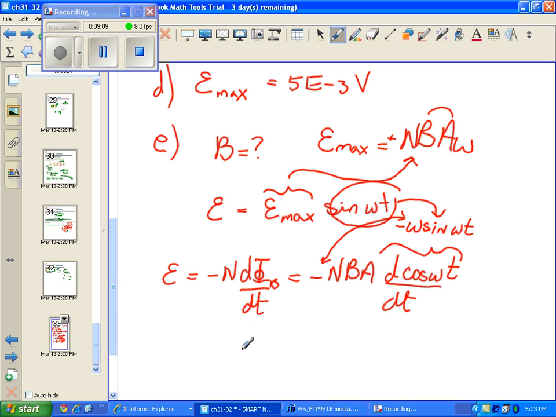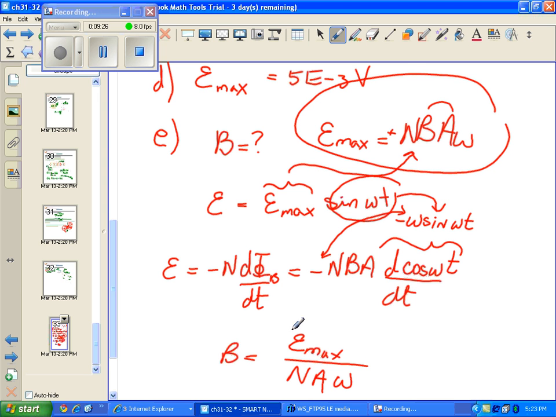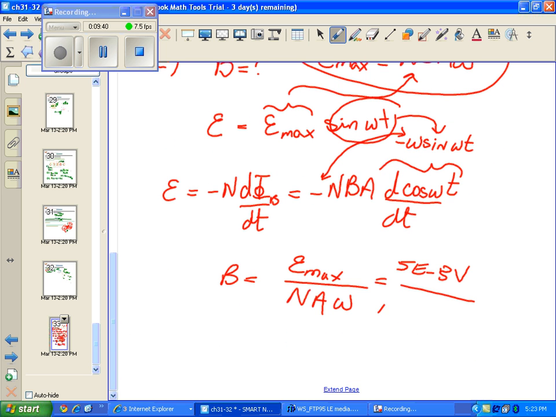So going back to getting the magnetic field, it can be obtained as E max divided by N A omega. See, from this expression right here, N A omega. Well, E max we saw was 5e to the minus 3 volts. N we are given as 150 turns.